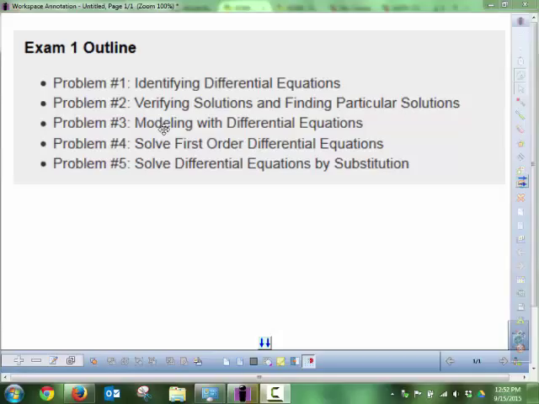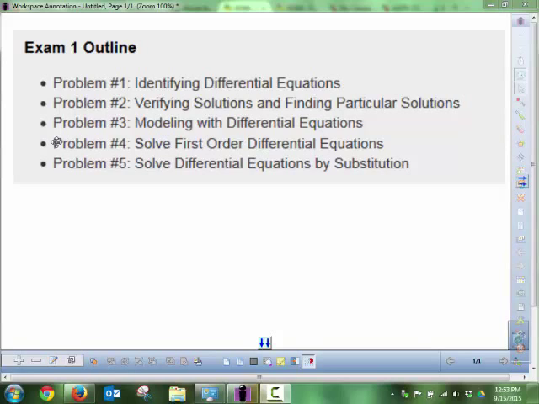So for question number 3 I'm going to ask you a question that's similar to one of those problems in section 3.1, where you're going to try to model the differential equation and actually go through and solve it. And then as you solve for it, you follow it up with some explanations as to what each of those parameters mean, what the variables mean, and stuff like that.